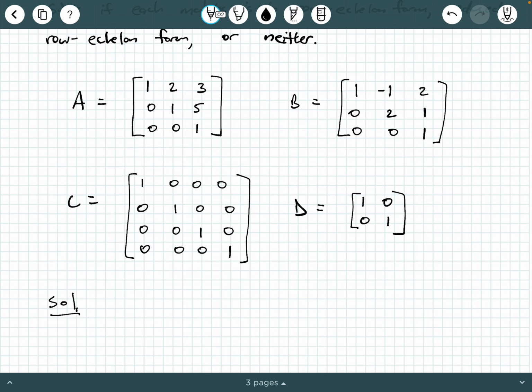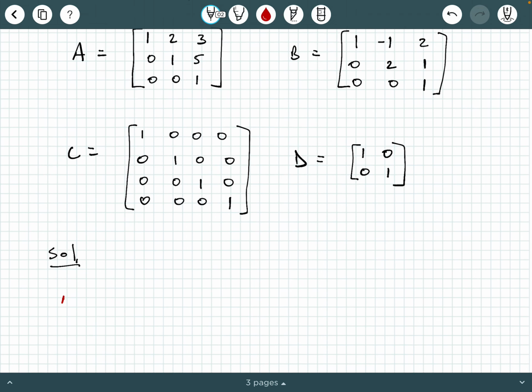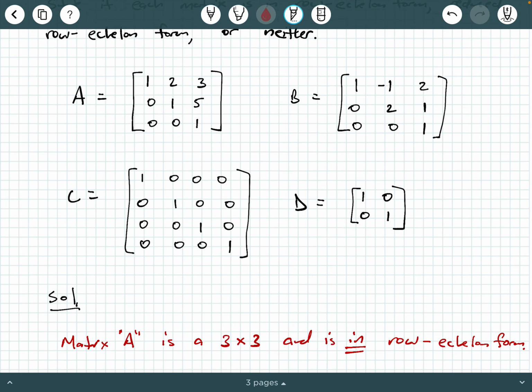Let's talk about them. Well, matrix A. Okay, take a look at matrix A. What's its size? Well, it is a 3 by 3 and is in row echelon form. How do we know it's in row echelon form? Well, notice that the main diagonal is all ones.